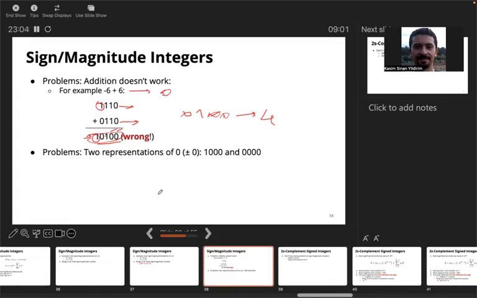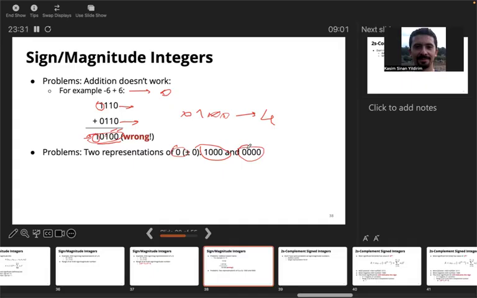Also, let's say I want to represent 0. What representation should I use? Sign bit is 0, positive, and 0, 0, 0 magnitude is 0. And I can also have a sign bit of 1. It looks like I have positive and negative 0, two representations for 0.